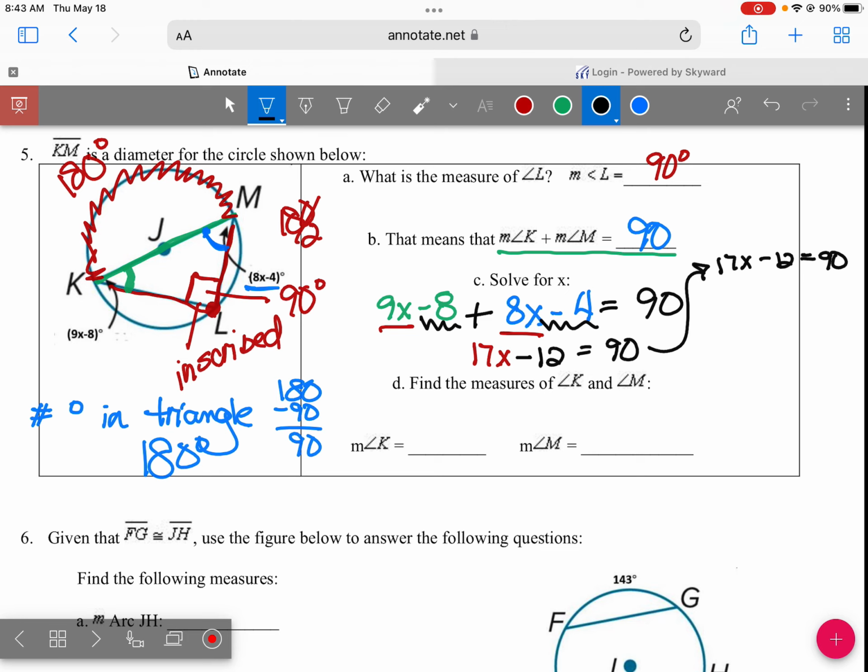I'm trying to solve for x. What would I do next? This should be two-step equations. Add 12 to both sides, and the 12s cancel out. I have 17 times x is equal to 90. That's 17 times x, so I would divide. X is equal to, what is it?